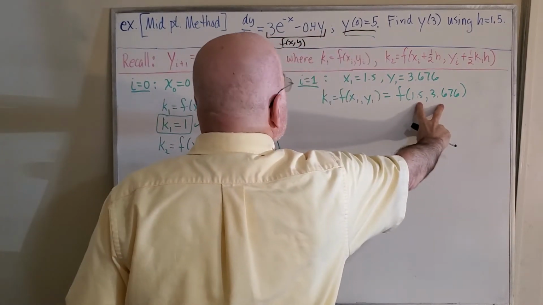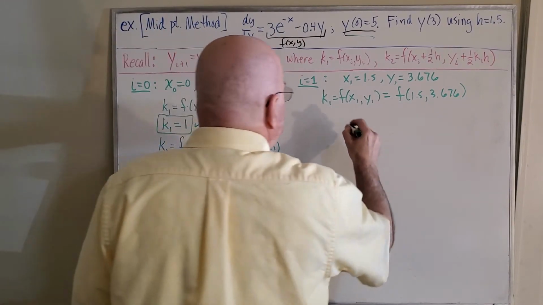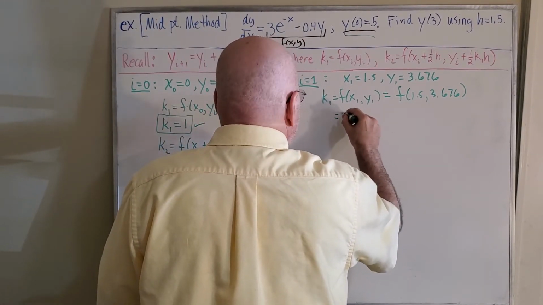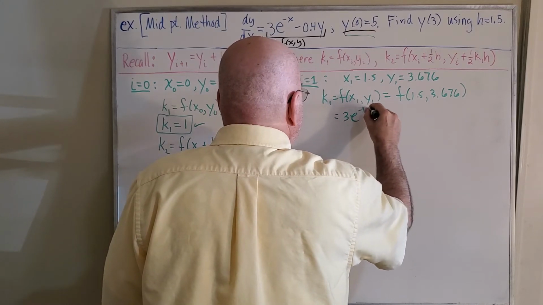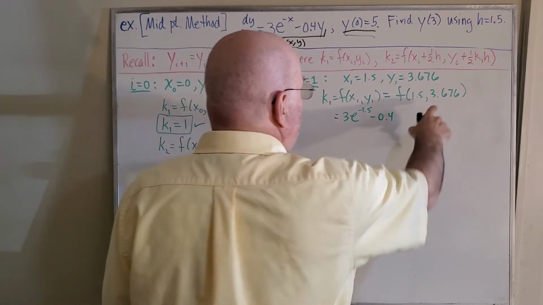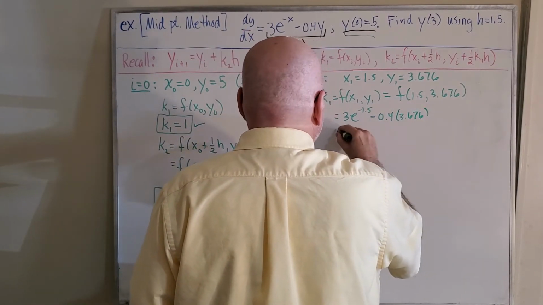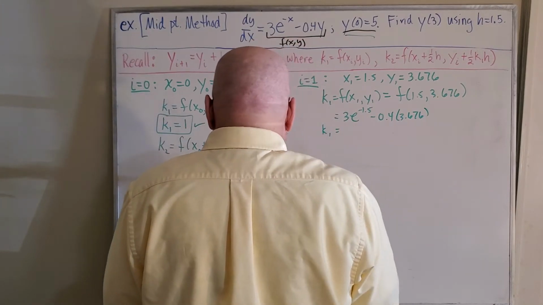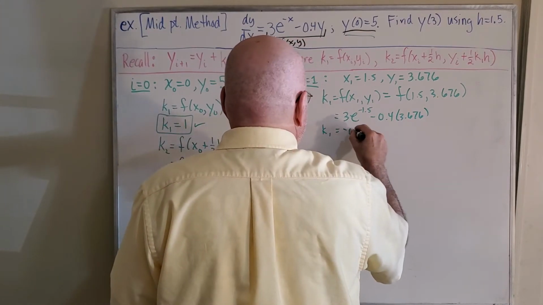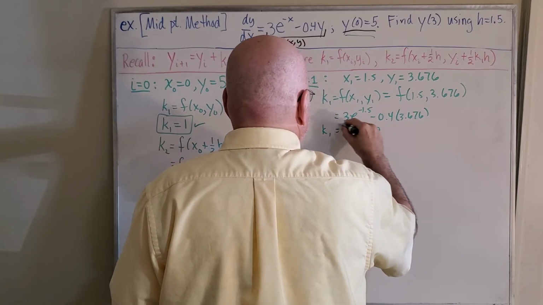So we're plugging these two numbers into this function right here, giving us 3e to the negative 1.5 minus 0.4 times y, which is 3.676. And we get that k1 is negative 0.8009.